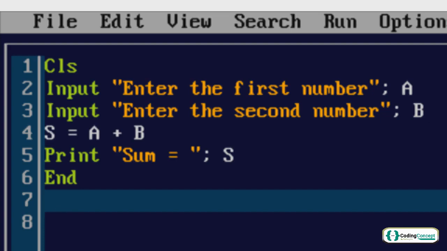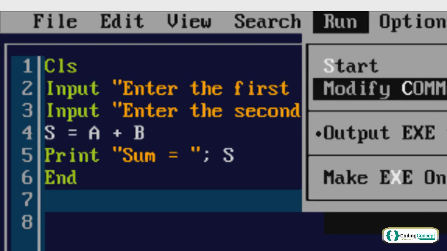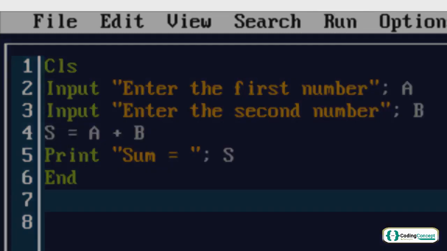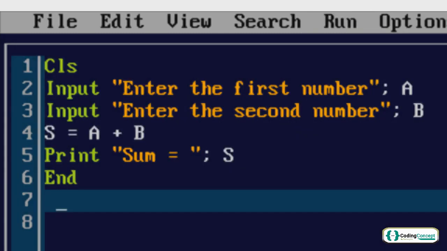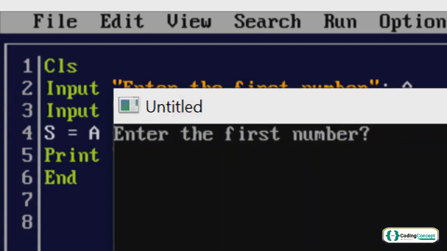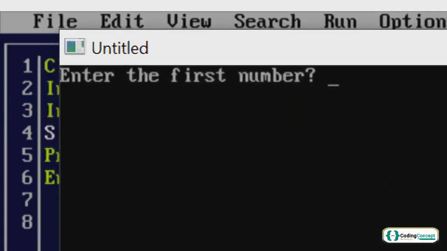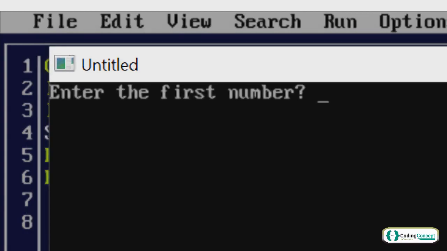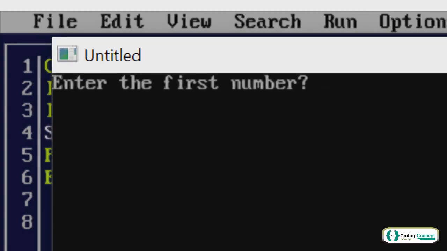As a result, the computer will ask for some data. Just click on start. That means the program is executed and the instructions are provided to the computer. Now as you can see, another screen appears, and with the help of this screen, the computer asks for input, asks for data from the programmer.